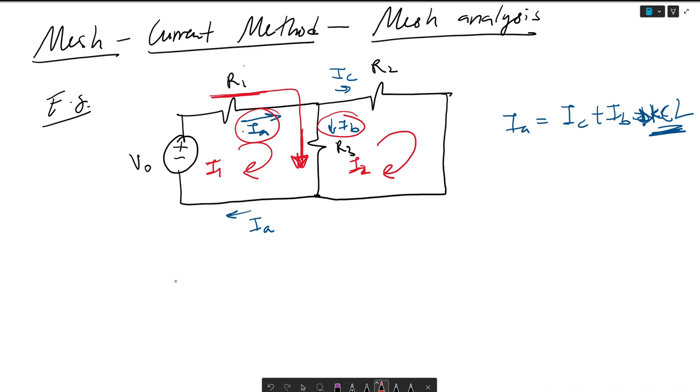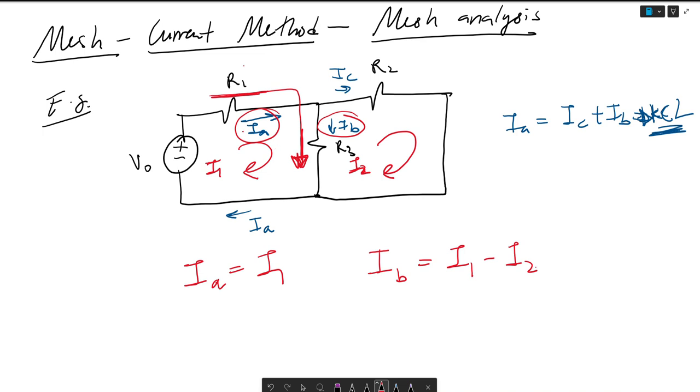So for example, if I say that IA is equal to I1, I must say then that IB is equal to I1 minus I2.